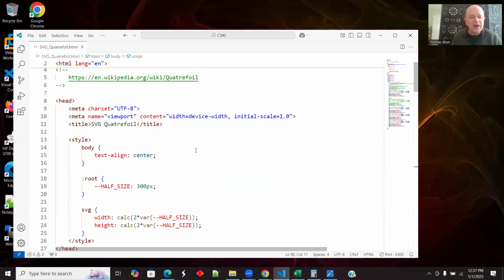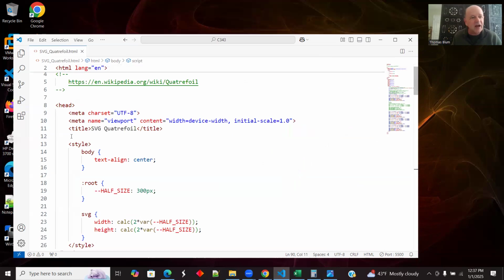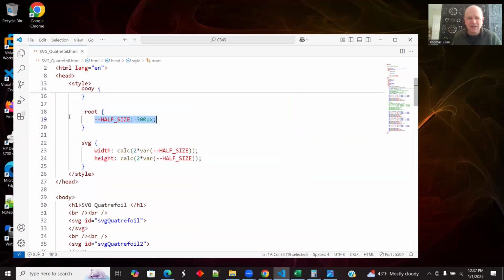Now let's go over to using that geometry to actually make the design. I define some style. It's basically just black and white, so there's not much style, but I'm defining a parameter in my style, which is 300 pixels, and I can just change this and change a lot.